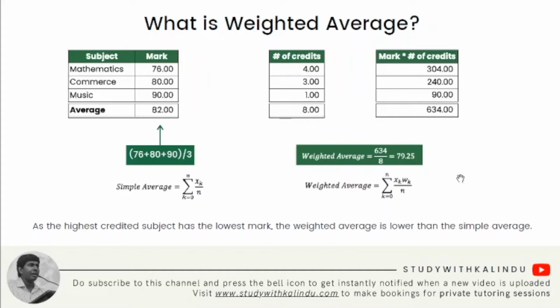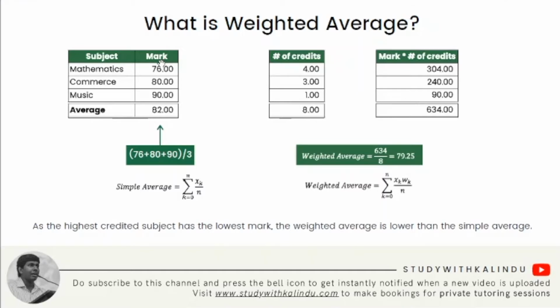But when you calculated the weighted average, you have 79.25. What this tells is, even though you have a high score for music, because the credit or the weight was only 1 for music, the impact music had on your weighted average is lower. But mathematics, for which the highest credit score of 4 was assigned, you have scored the lowest marks, and as a result, your average was dragged down to 79.25.